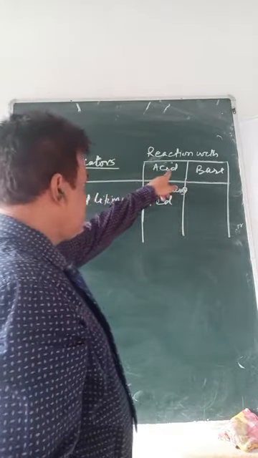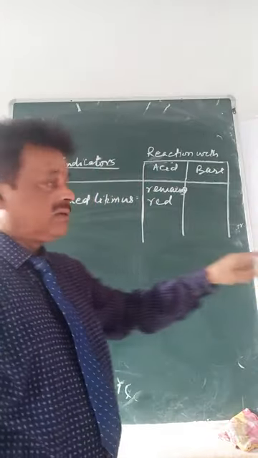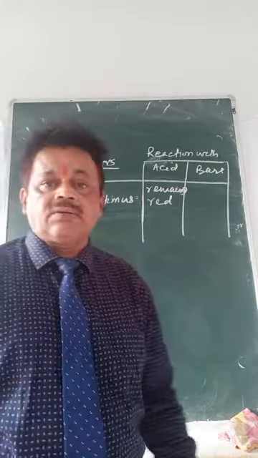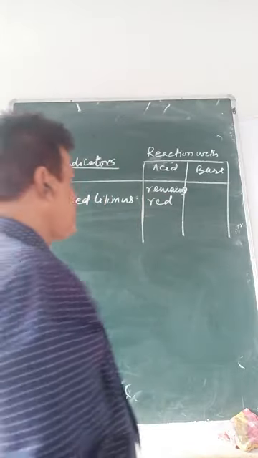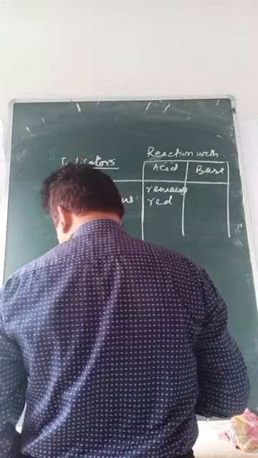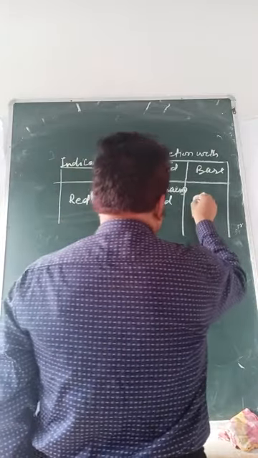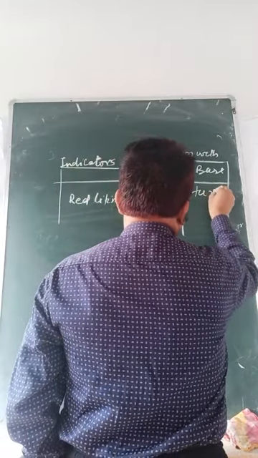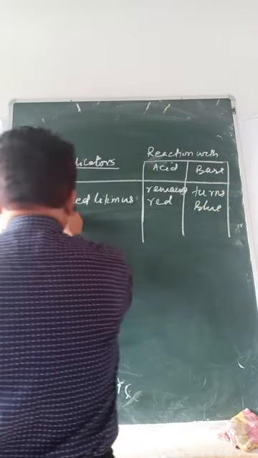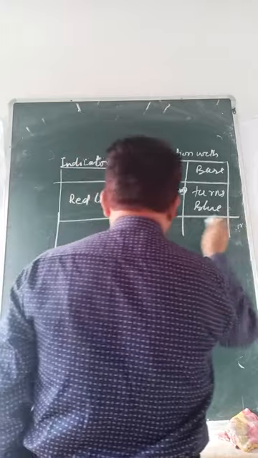Red because acid changes into red. So red will remain as red because red will be changed to what then? Red only. That means it remains red. Then red litmus with base, what it gives you? Turns blue. Turns blue. Okay, this is about your red litmus.